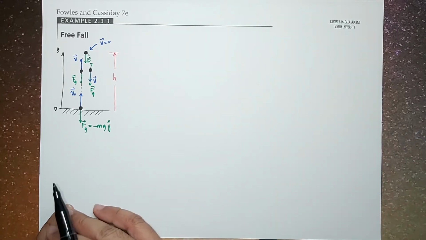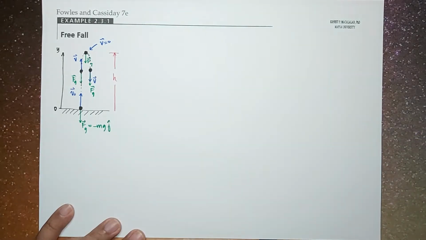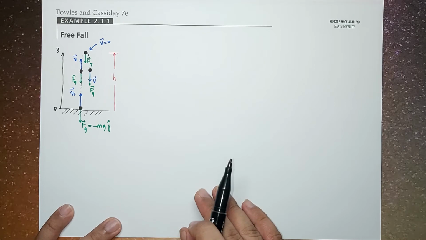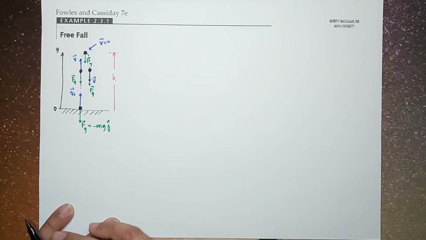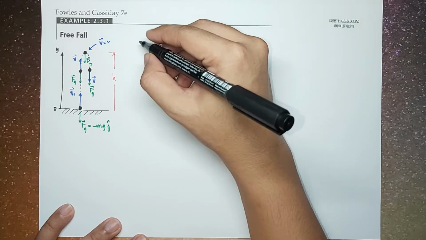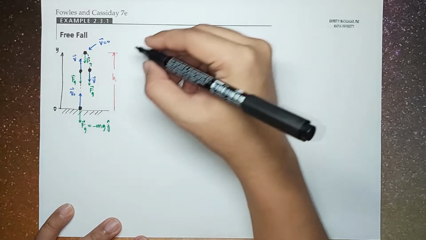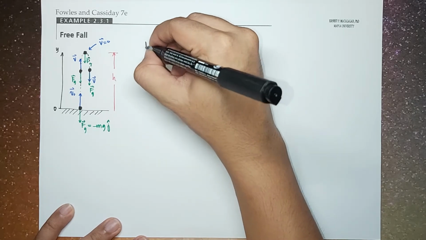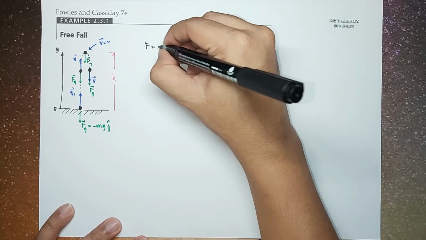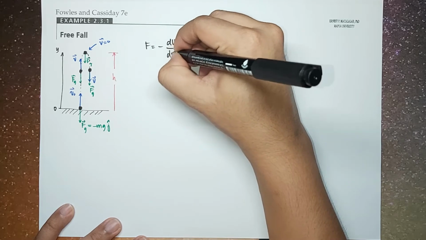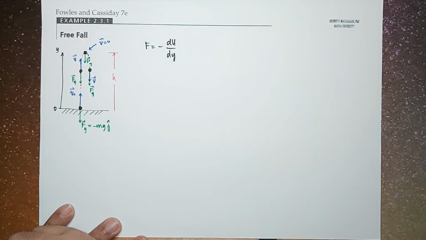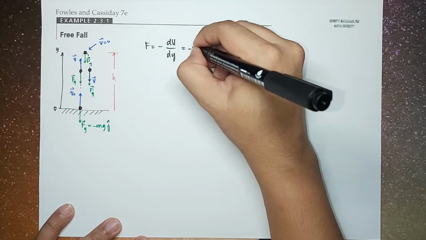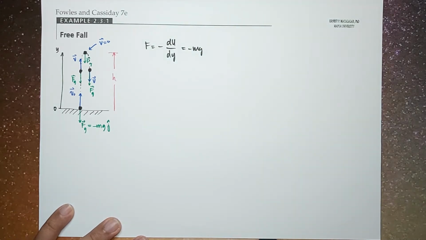Because throughout the flight the only force acting on the system is a conservative force, which is gravity, we can define the potential energy associated with this force by this equation: the force is equal to negative derivative of U with respect to y, and the force is negative mg.